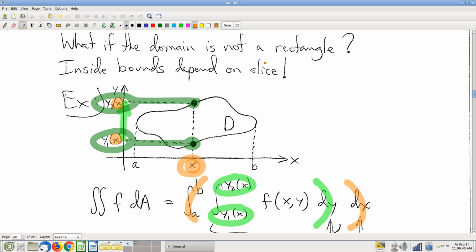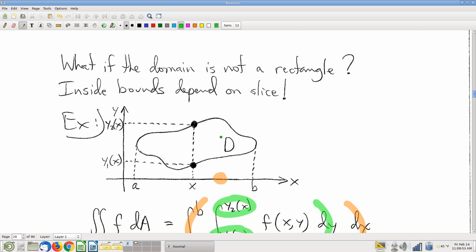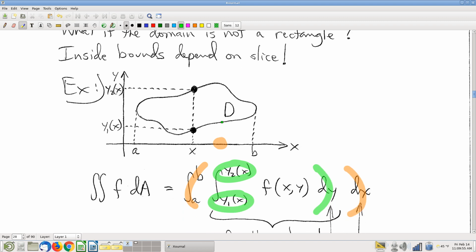But what do you think is going to happen when this x moves over a little bit? If x moves over to here, a different value of x, then you're going to go from there to there, and you're going to have a different y1 and a different y2.